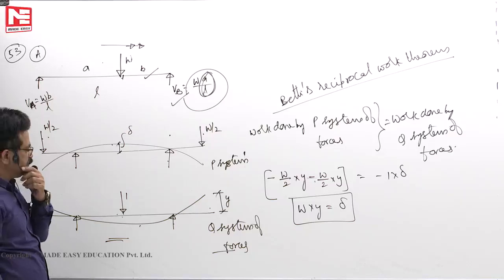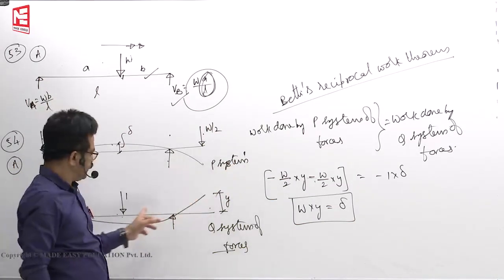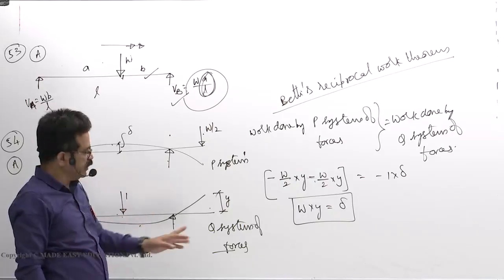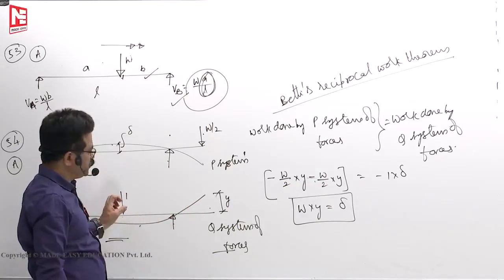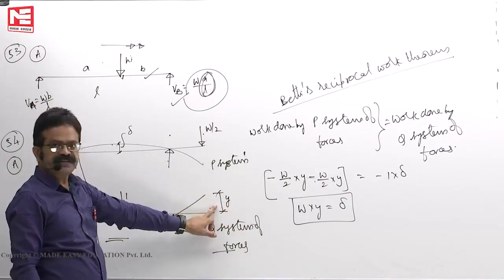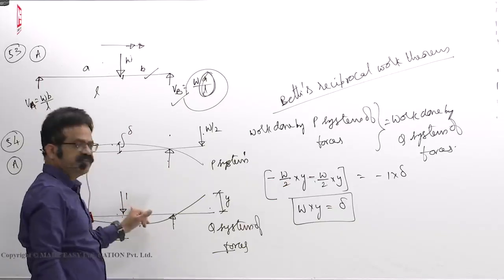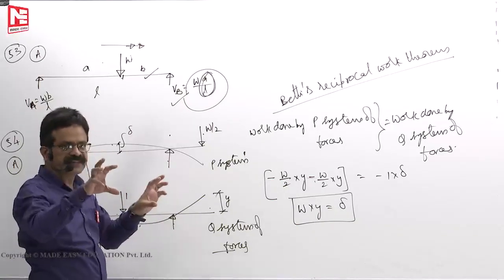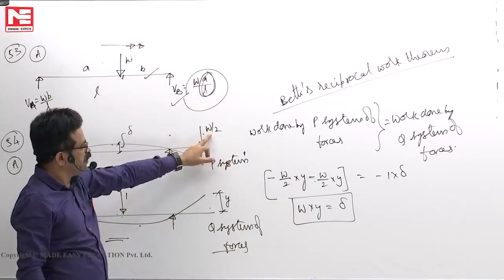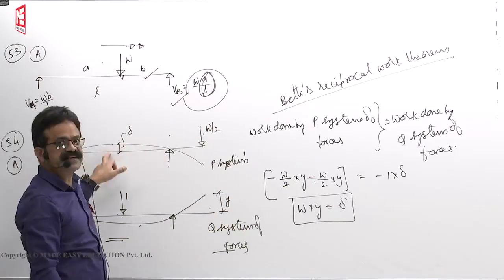What it means is, you have drawn one influence line diagram for the deflection at midspan. Then for a unit load, if I keep it at any point, 1 into y is the deflection at center. If W by 2 is there, W by 2 into y will give you not the deflection here, but the deflection at center.